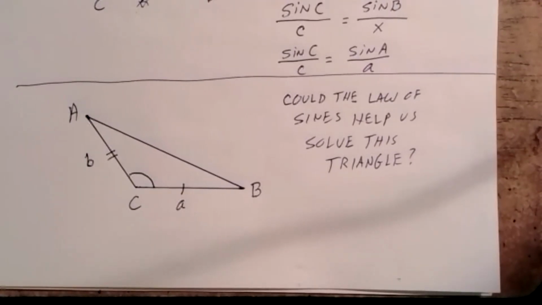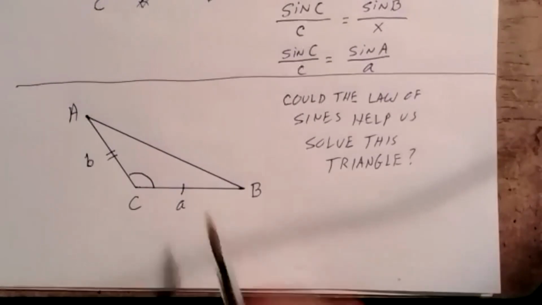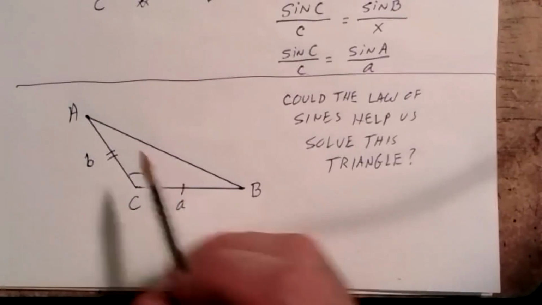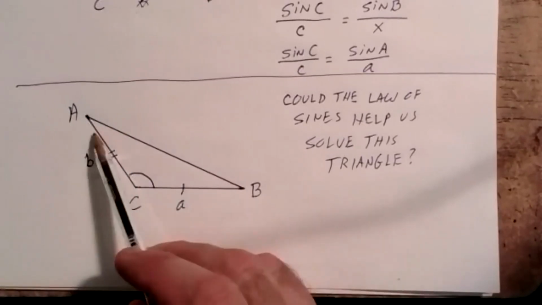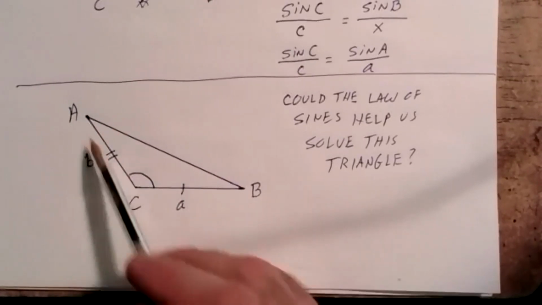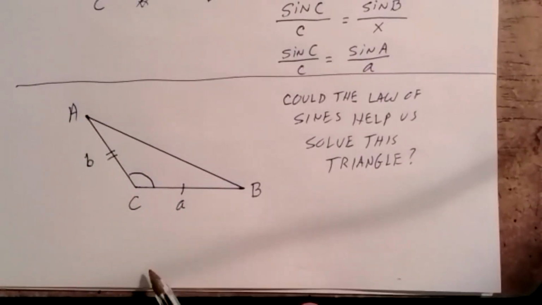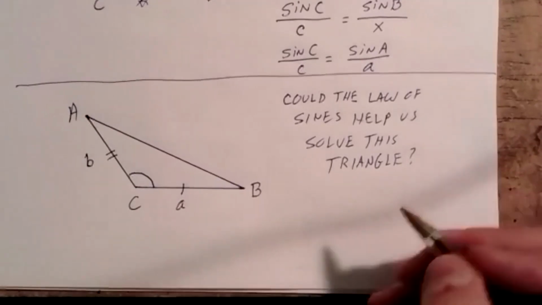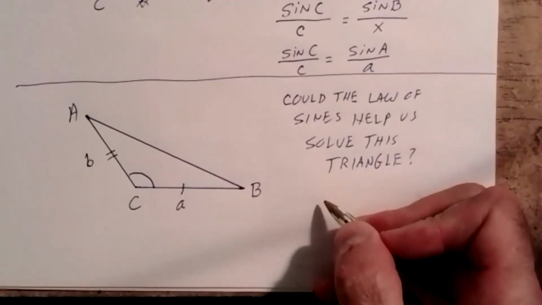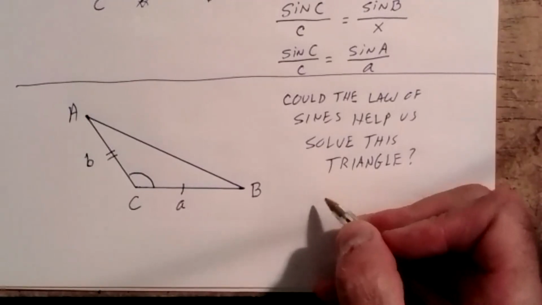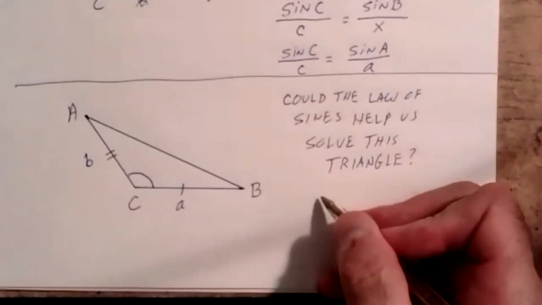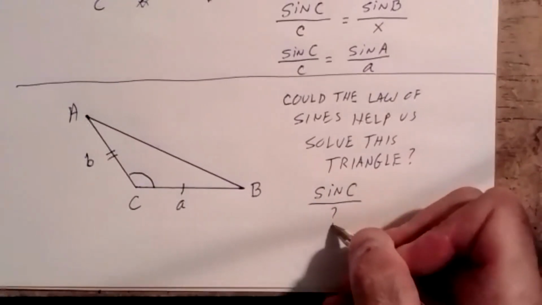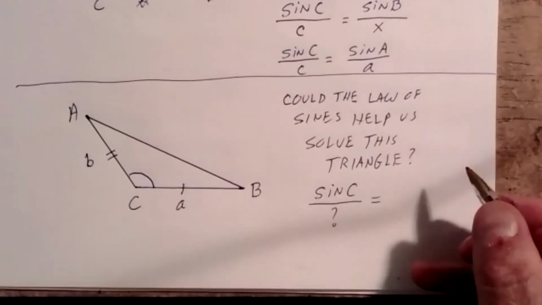No, it wouldn't. It's not going to work, ladies and gentlemen, because we have a problem here. We know side A's length, but we don't know angle A. We know side B's length, but we don't know angle B. We know angle C, but we don't know side C. So you cannot set up a proportion using the law of sines to find, let's say, side C. You know angle C, so you can say the sine of angle C is to side C, which we don't know.